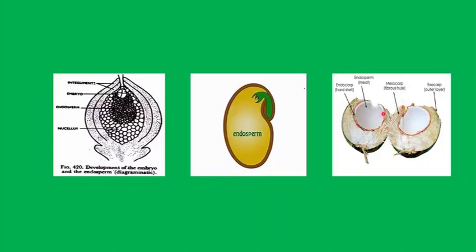Then you can see the white kernel. The white kernel is nothing but endosperm, or meat, which we eat. And you have also seen the water inside. The water inside the coconut is the free nuclear endosperm. So the white kernel is a cellular endosperm and the water is a free nuclear endosperm.